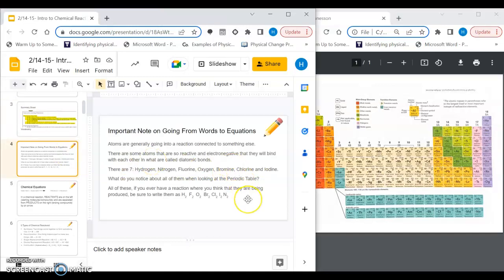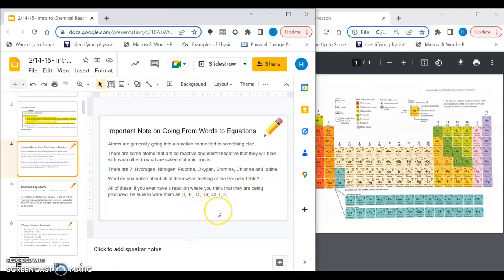And when we're going into this, an important note that I wanted to make sure that we talk about and write down is that there are 7 specific things that are going to be by themselves, but they're not really by themselves because they bind to themselves.